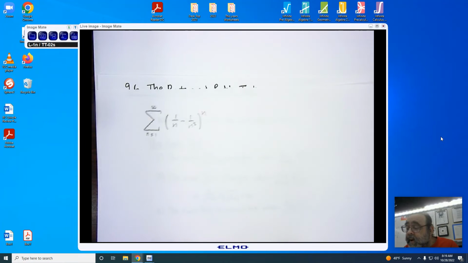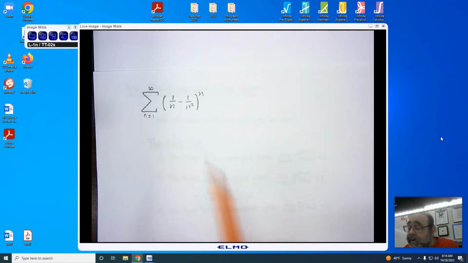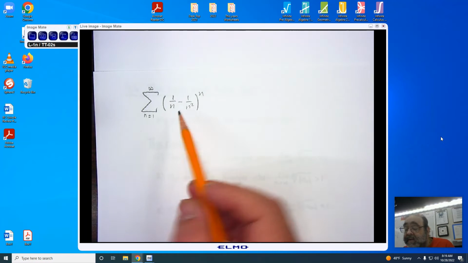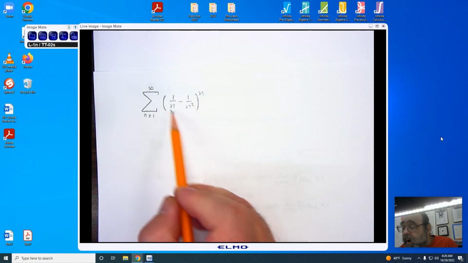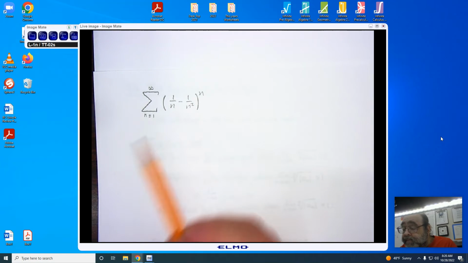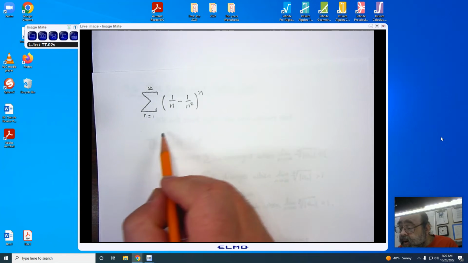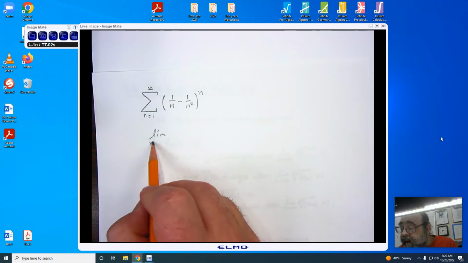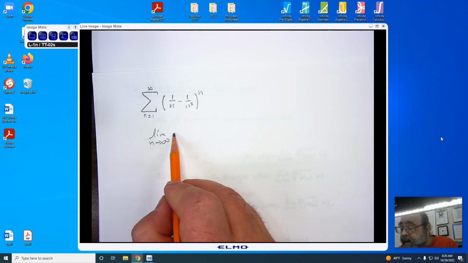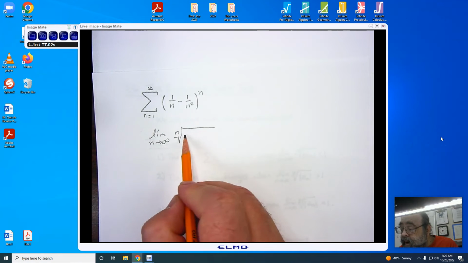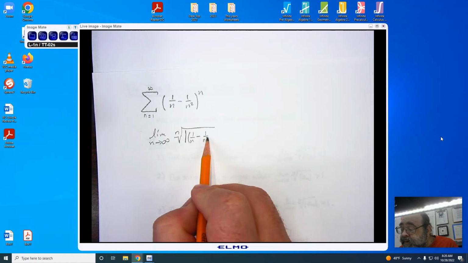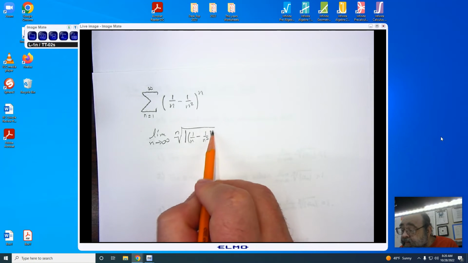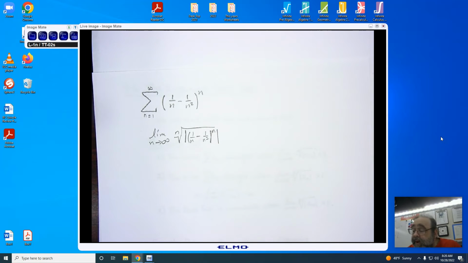All righty. Here's the next question. Now you'll notice this has n to the nth, this has n to the 2nth. This now will pass the nth term test, and we can see that provided that we look at it as a whole. Okay, let's go ahead and take a look. If I have my limit as n approaches infinity, and I take the nth root of the absolute value of 1 over n minus 1 over n squared, the quantity to the nth power, close my absolute value.